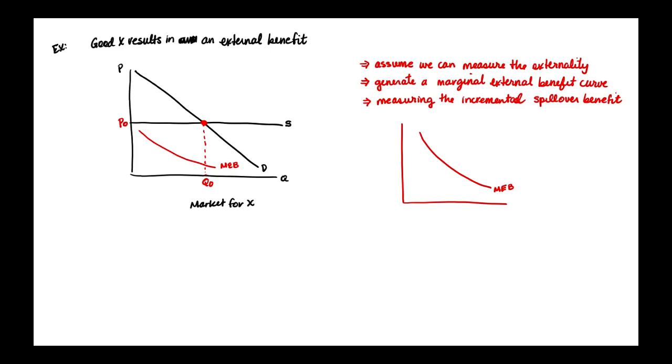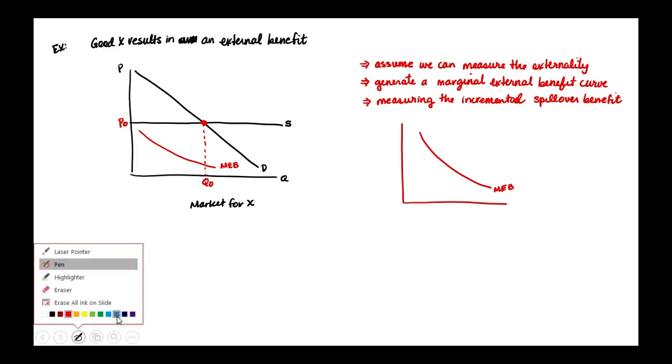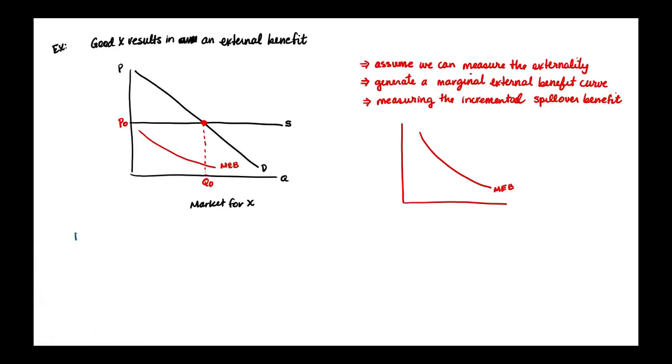Now, let's think about what we know. We've done this for external costs. Now we need to think about external benefits. So let's think about finding the socially optimal or the efficient point.